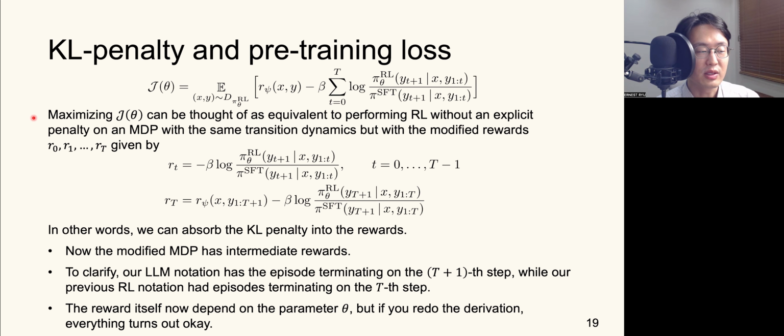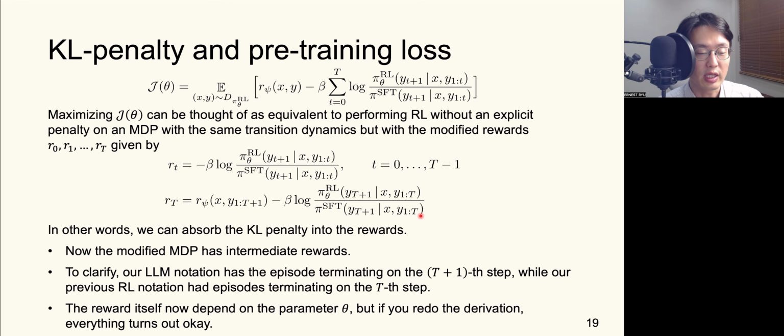Well, maximizing this objective J can be thought of as equivalent to performing reinforcement learning without any explicit penalties on an alternate but equivalent MDP that has the same transition dynamics, but the rewards are modified. The rewards are modified such that at the end of the episode, you do get this terminal reward, but for the intermediate rewards, you incur this KL penalty.